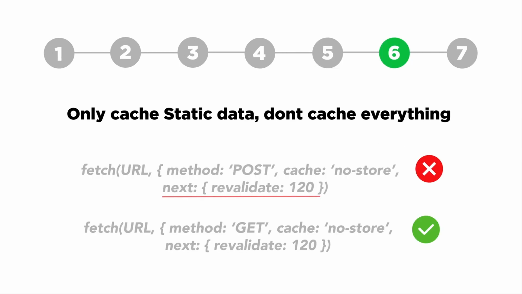Number 6, only cache static data. Don't cache everything. As we know, by default, NextJs caches everything.